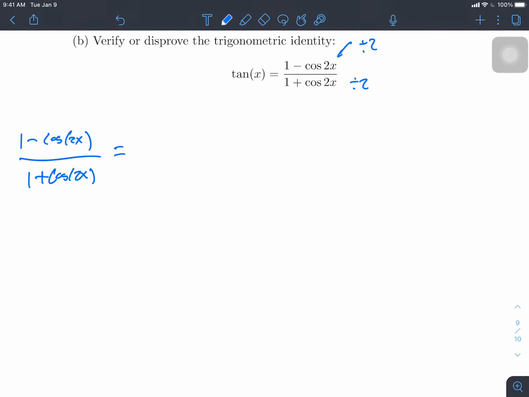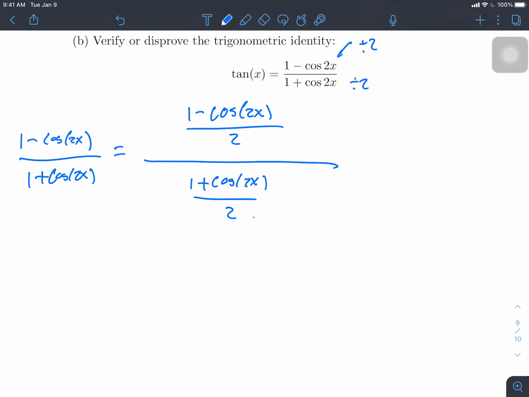This almost looks like the result of the power reducing formula. So I'm going to rewrite it in a way that looks more familiar. I divide the top and bottom by 2, and I get 1 minus cosine 2x all over 2 divided by 1 plus cosine of 2x all divided by 2.